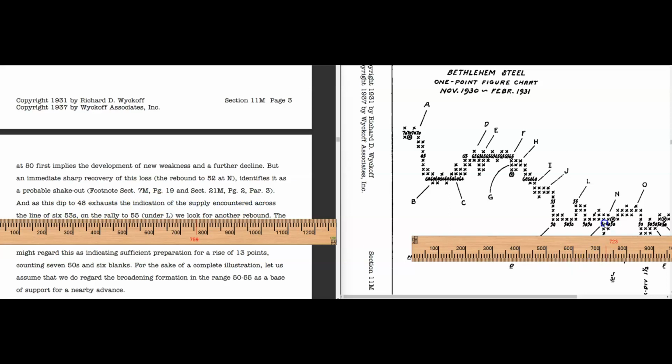What? 50, 1, 2, 3. 53. He's doing this count here. You see this 53? How many X's are there? 1, 2, 3, 4, 5, 6.